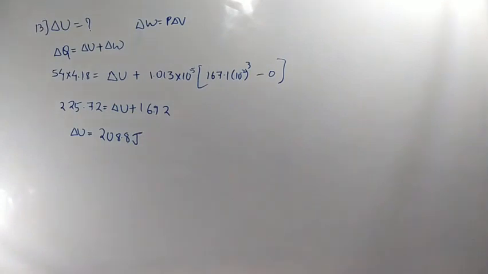Next question, 15th one. Which of the following is not a thermodynamical function? 4 options are given: enthalpy, work done, Gibbs energy as well as internal energy. Among these 4 options, a thermodynamic function means a path independent value, but work done is path dependent.